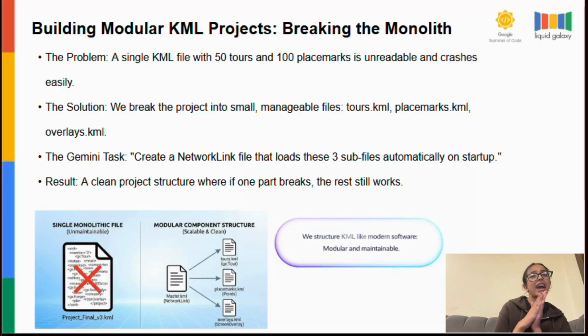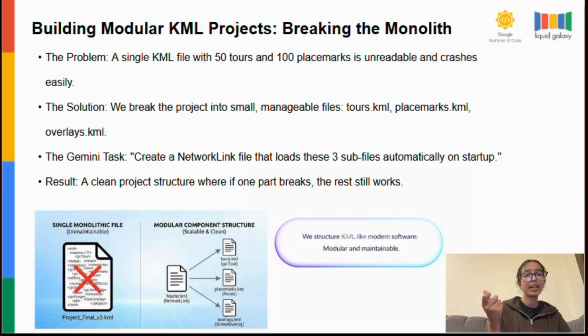As projects grow, a single giant KML file becomes a real problem. When everything, like tours, placemarks, and overlays, lives in one file, it becomes unreadable, fragile, and very hard to debug. The solution is to treat KML like modern software. We split the project into smaller focused files and connect them using network links.